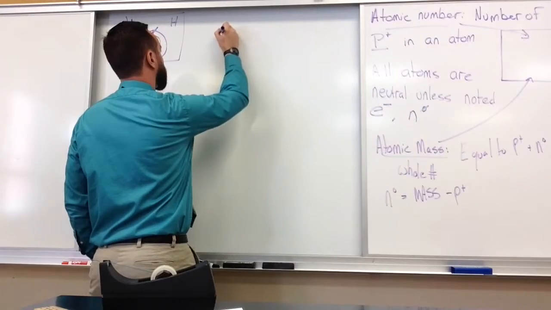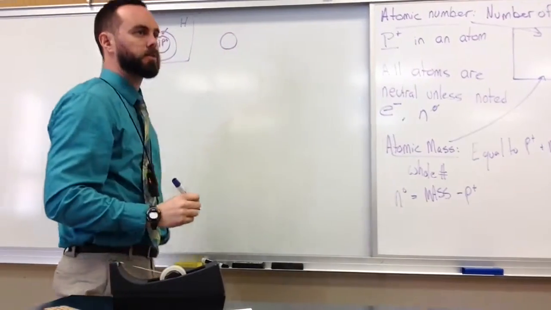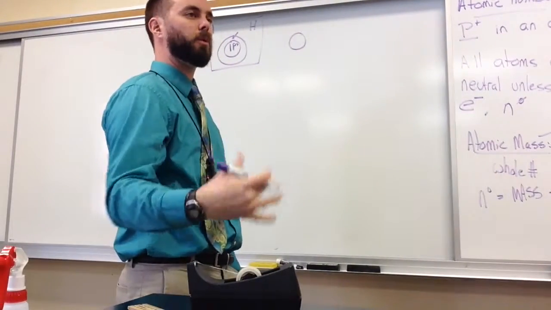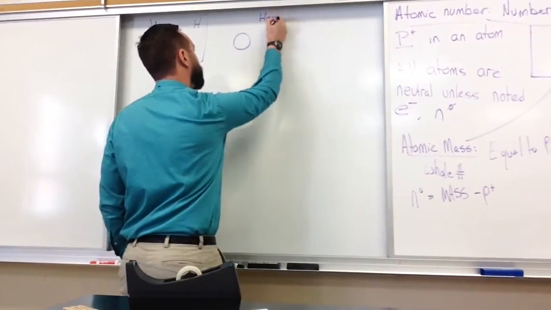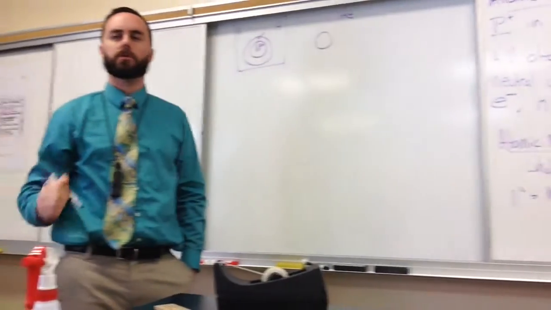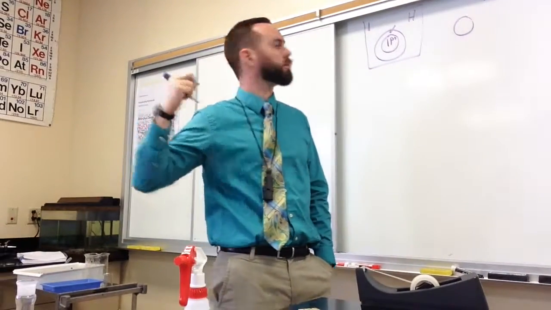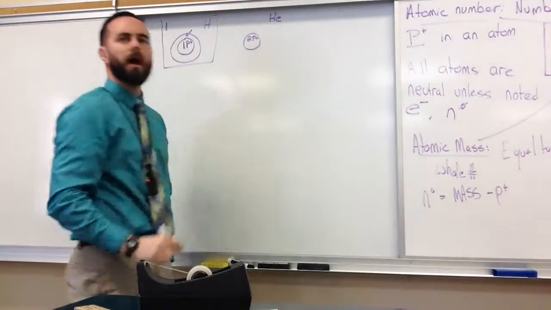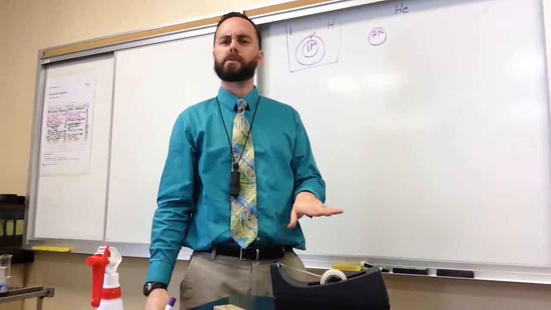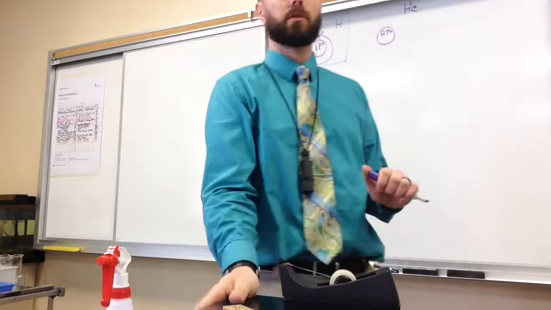So, start with the circle again. And inside that circle is where we're going to put the number of protons and neutrons. So if we're looking at helium, its atomic number is 2. So how many protons does it have? 2. So it's got 2 P pluses. And then how do we figure out mass? Do you remember how we figure out mass, Gwen?